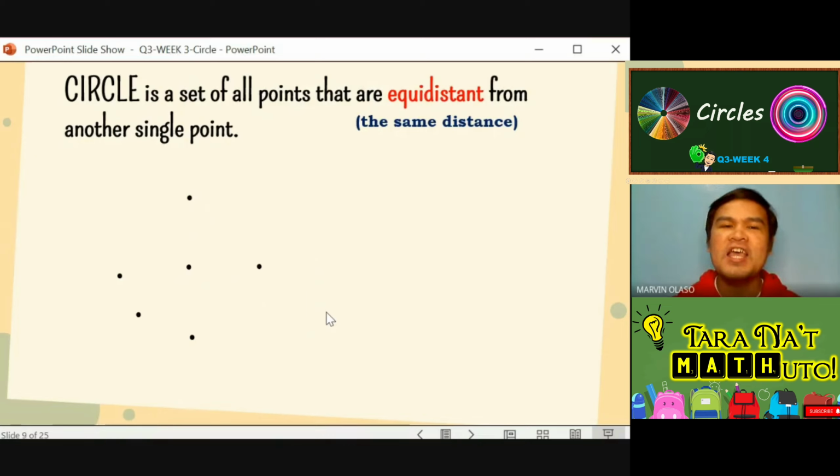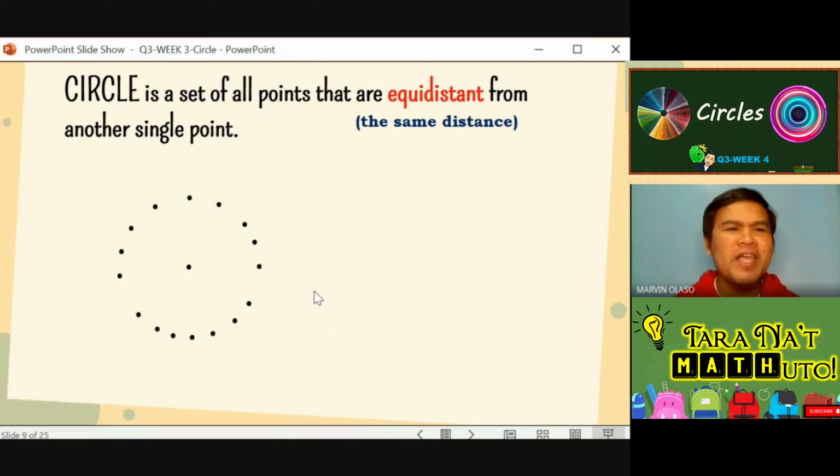Ayan, sige. These are the set of points that are equidistant from the single point. Ayan, damihan natin. Alright. Let us imagine if I will put some more set of points, yung tipong magkakadikit na sila.